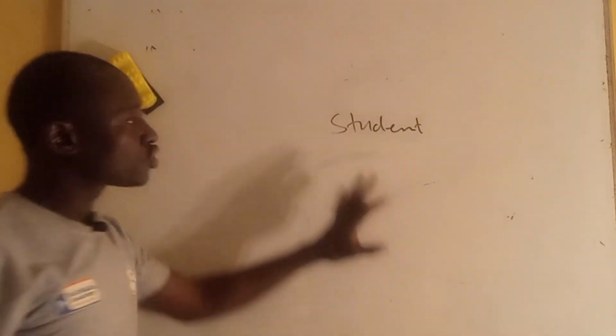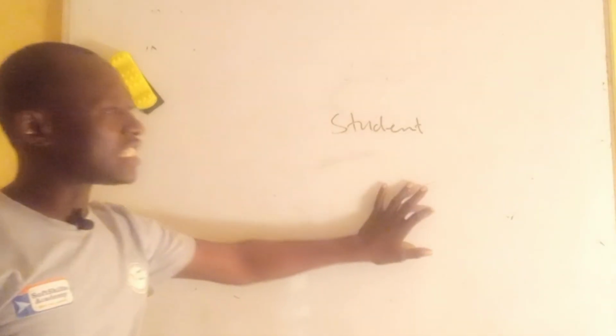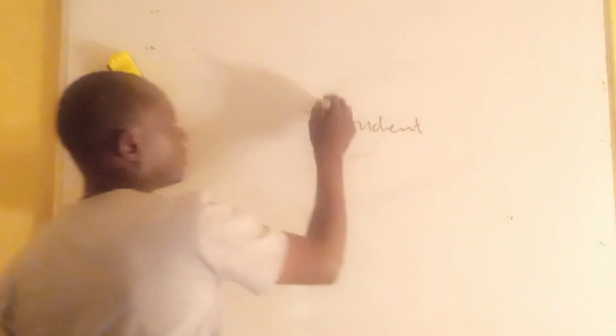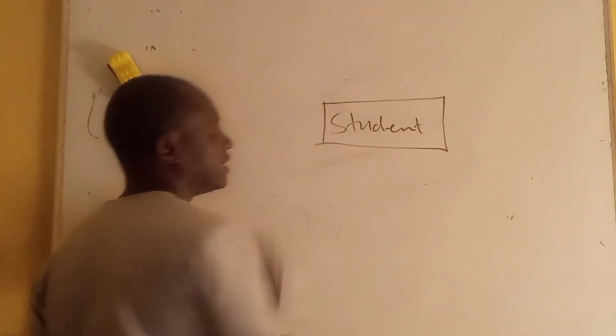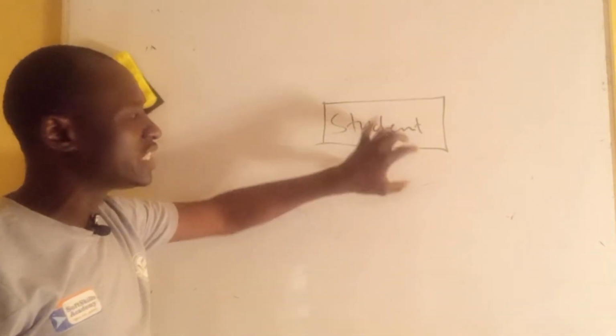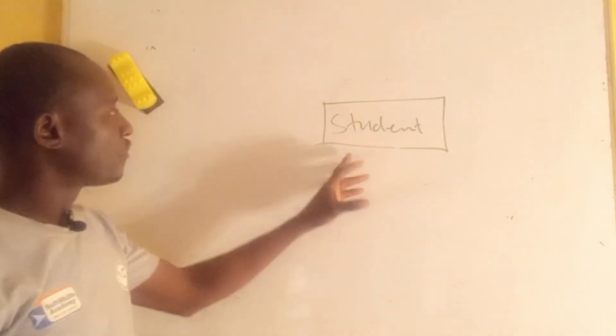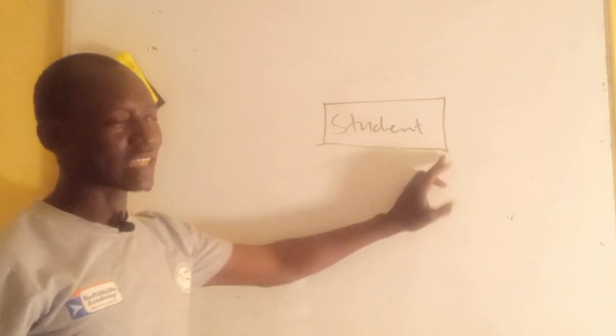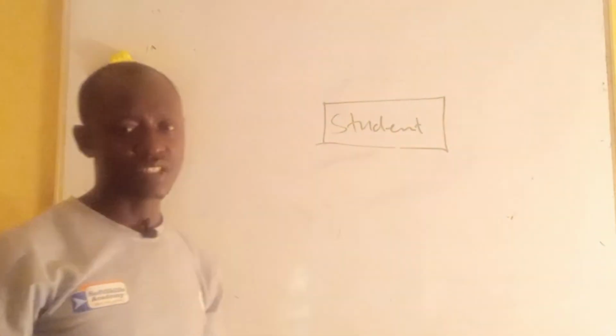Student is an entity and it's represented by a rectangle like this. So we have characteristics or features of these students. The features or characteristics of this student are regarded as attributes.